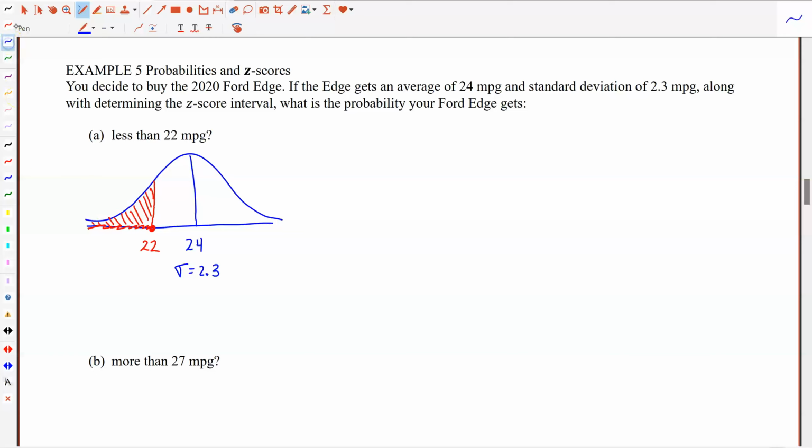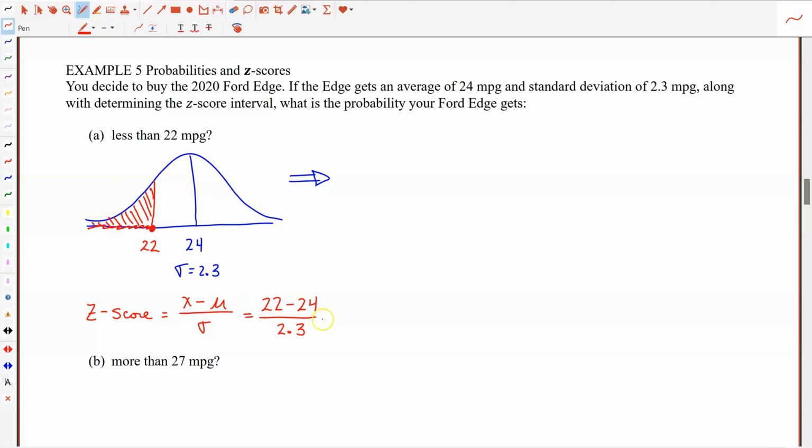So to convert this to a standard normal distribution, let's get the z-score for this value. For 22, its z-score would be the data value minus the mean, divided by the standard deviation. In this case, it would be 22, which is my data value, minus 24, which is my mean, divided by my standard deviation, which was 2.3.